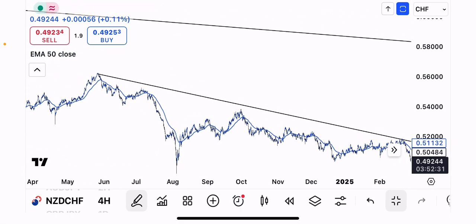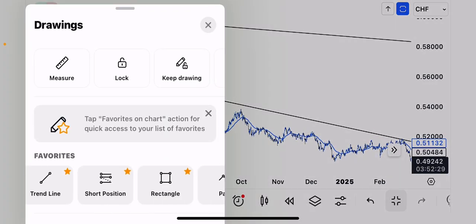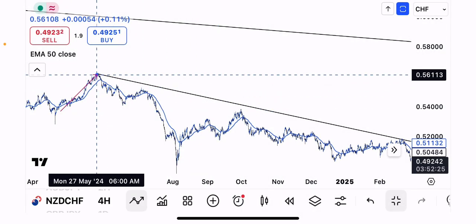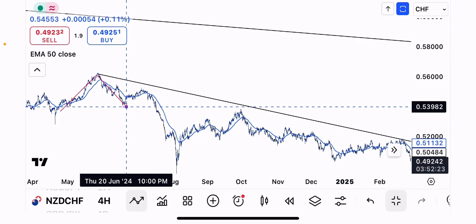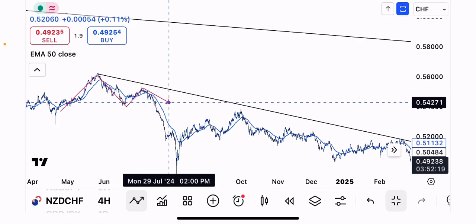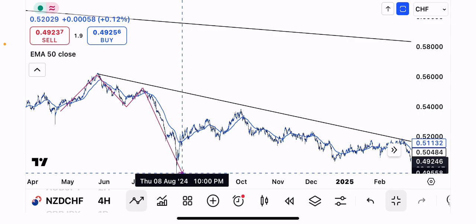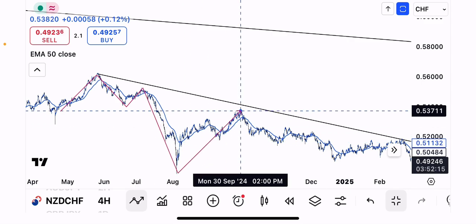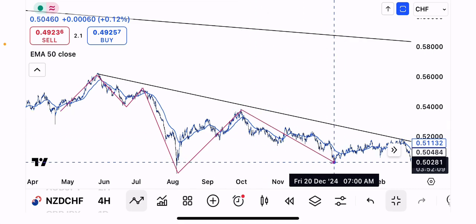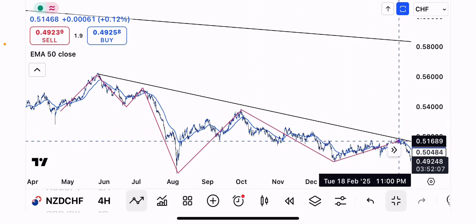We have 1 touch here, which drove price downward, then almost retesting it here, but there was still a little gap, but it pushed it down, rejected the level, came back up again, almost touching it again before getting to the trend line, rejected the level again, pushed to the downside, then came back up here.